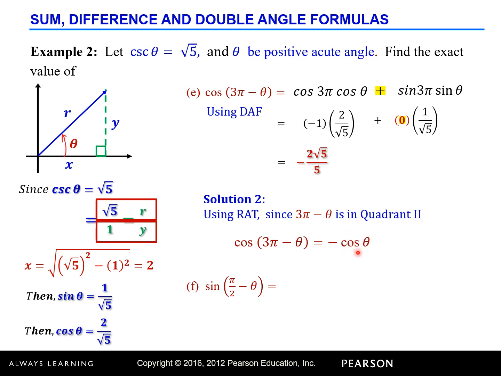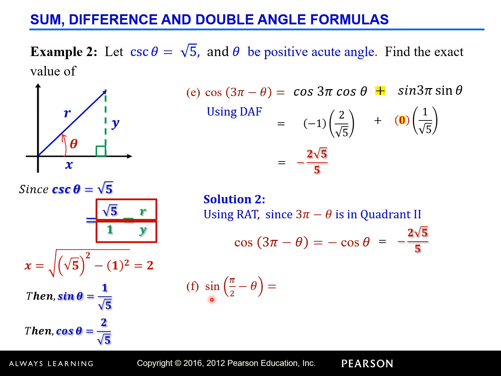So we just need to substitute the value of cosine theta, which is 2 over root of 5. The answer will be equal to this, which is similar to the first solution. So you can use any of these: either the RAT or the difference angle formula.